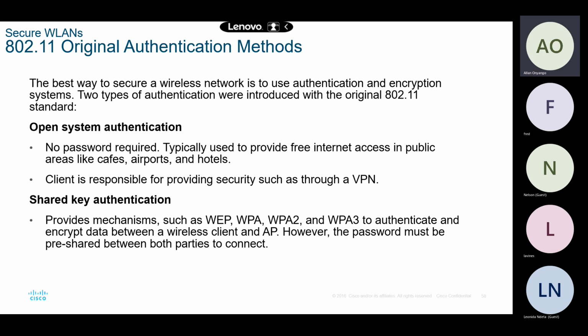So this one uses security protocols for encryption. We have WEP, we have WPA, we have WPA2, and even WPA3. WPA3 is the latest one. They're used to authenticate and encrypt data between the wireless client and the access point.